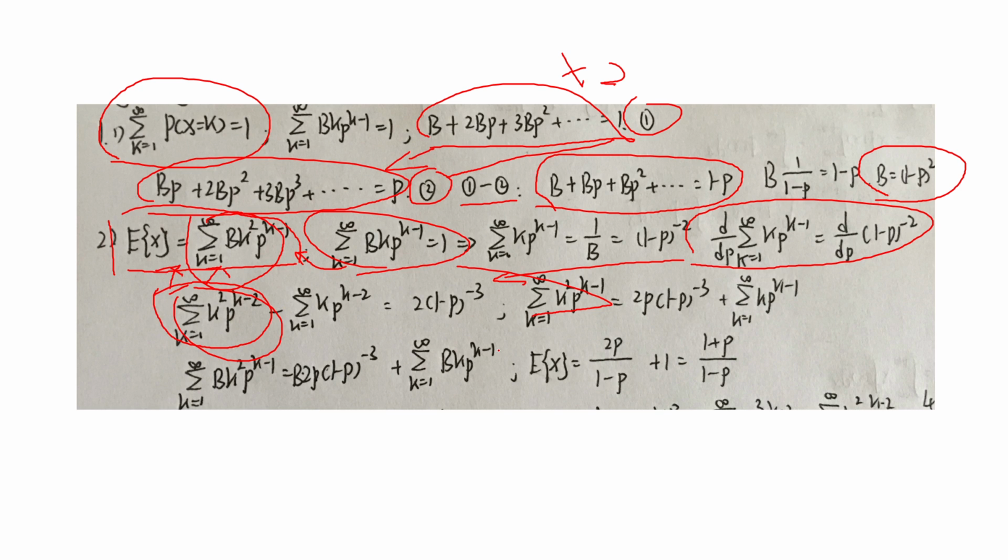Then we move the second part to the right side and multiply both sides by bp, so the left side is exactly the expected value. The answer is E[X] equals (1 plus p) divided by (1 minus p).